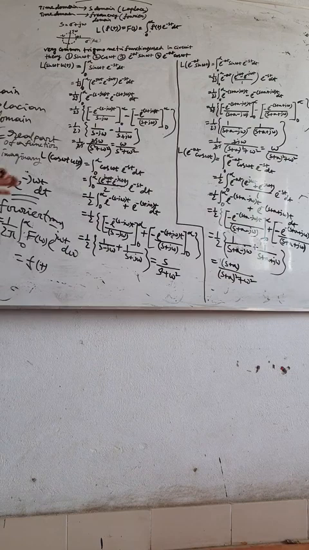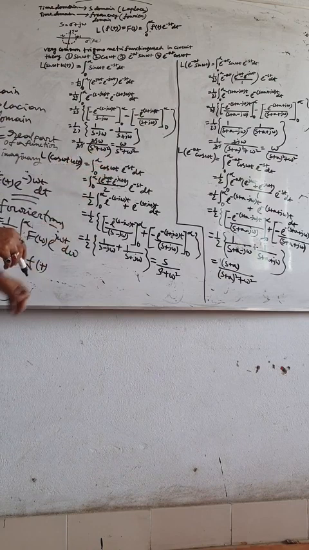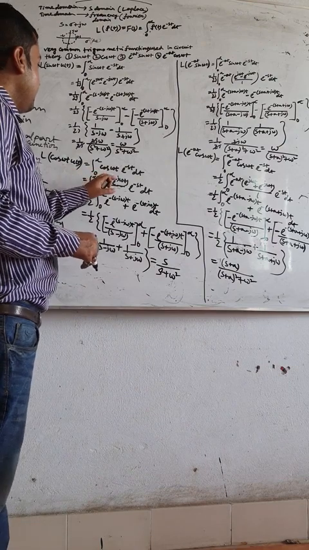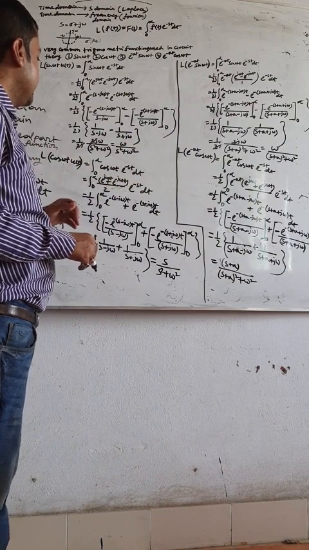Now let's perform the Laplace transform of cos of omega t u(t). So it is integral from 0 to infinity of cos of omega t into e to the power minus st, that means e to the power j omega t plus e to the power minus j omega t, divided by 2, into e to the power minus st dt.